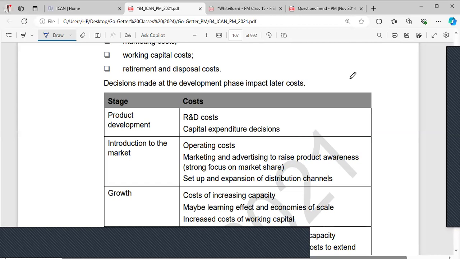So you are increasing your capacity. As you're increasing your capacity, because you are growing now, you now go from one branch to two branches, your cost is increasing. And because of the learning effect, which you've learned about, and economies of scale, it will affect.